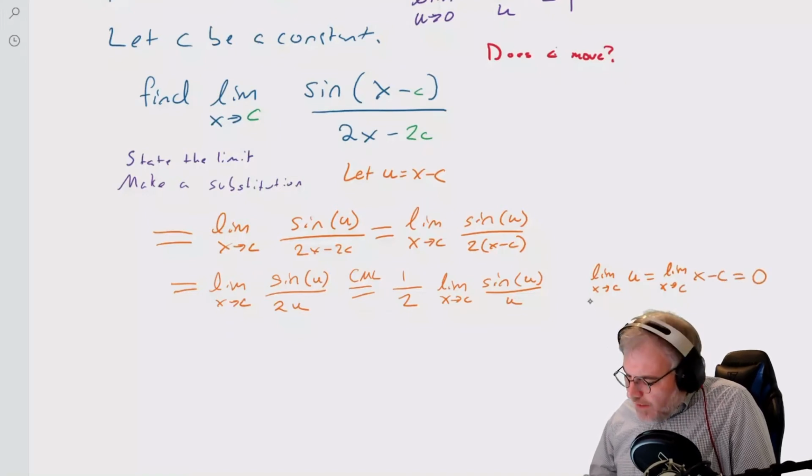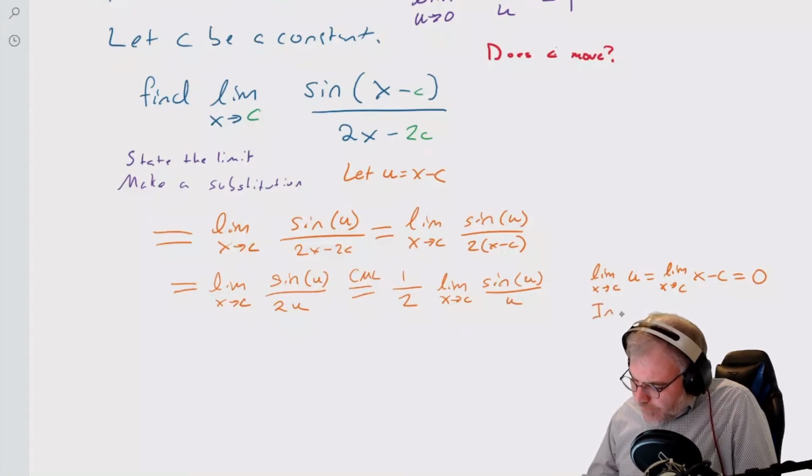I know that the limit as x goes to c of u, in other words, u goes to 0 as x goes to c.